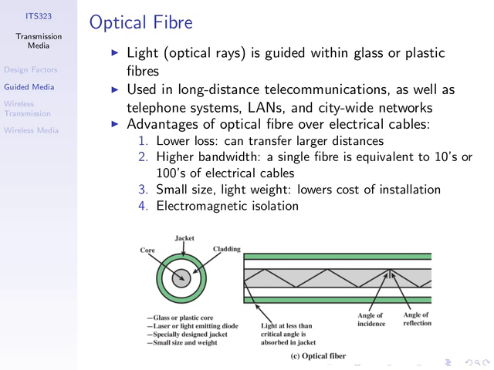Each fibre transmits one bandwidth. So the basic idea is we send one signal across each fibre, but in fact you can send multiple different frequency signals across the same fibre in some cases.